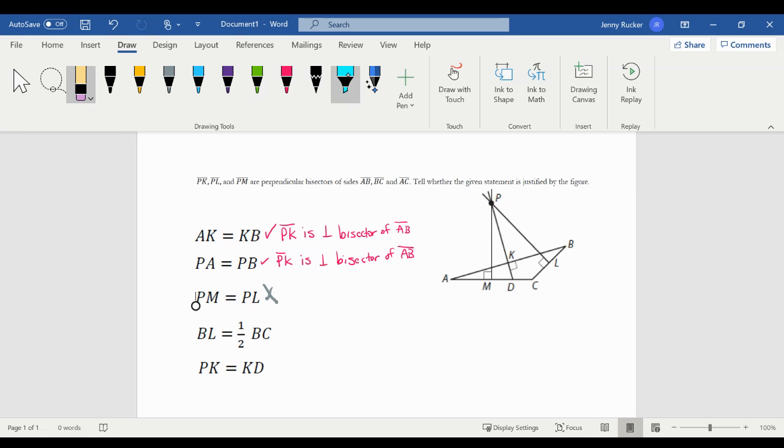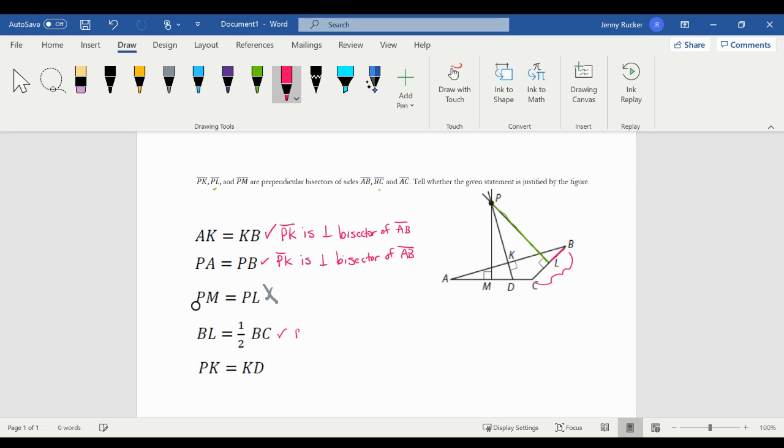Let's take a look at the next statement. BL is equal to 1/2 of BC. So if I look at BL, it says that it is 1/2 of BC. This is justifiable using the perpendicular bisector PL. PL is the perpendicular bisector of segment BC.